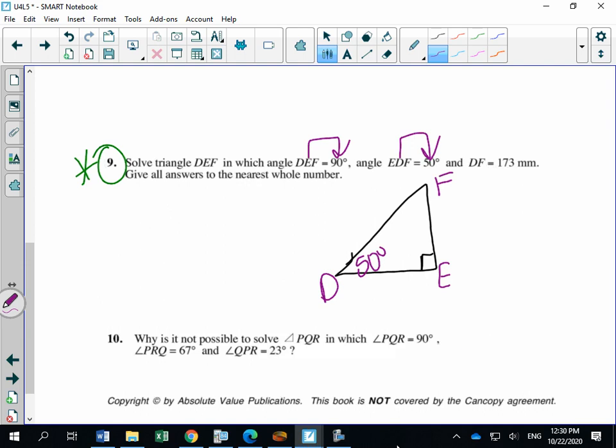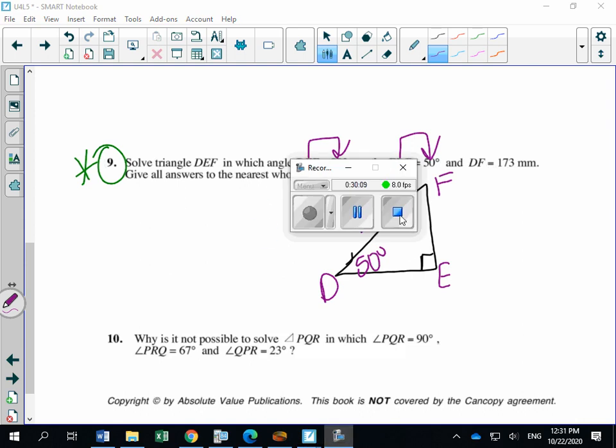And then according to the way it's all labeled now, DF must be 173 millimeters. So that's my hypotenuse, and you're solving this triangle, based on a triangle that you drew the picture of. Okay? And that is it for your homework for this lesson. So I'll give you guys time to do that, and then I'll hand out your worksheet.